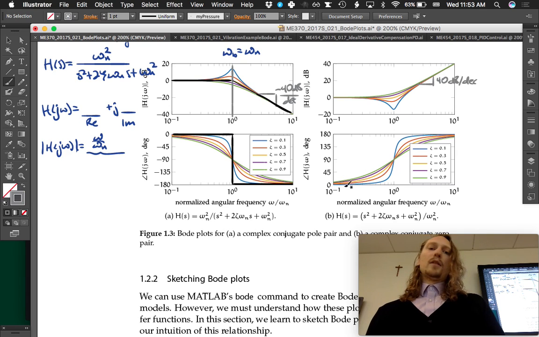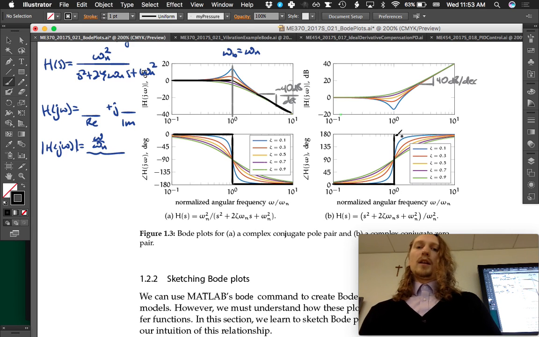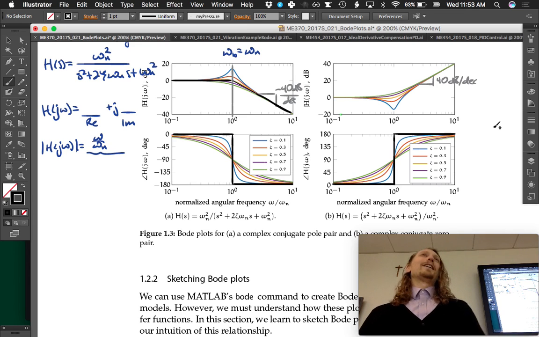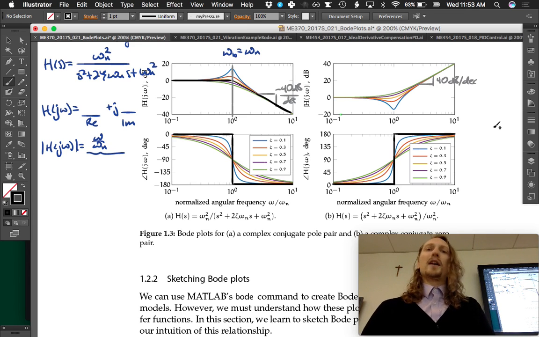And instead of going from 0 degrees down to negative 180, it goes from 0 degrees up to positive 180. So those are the ways to do straight line approximations.